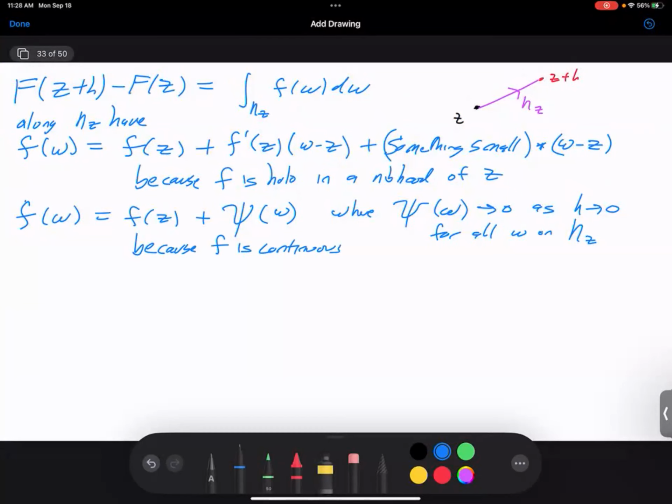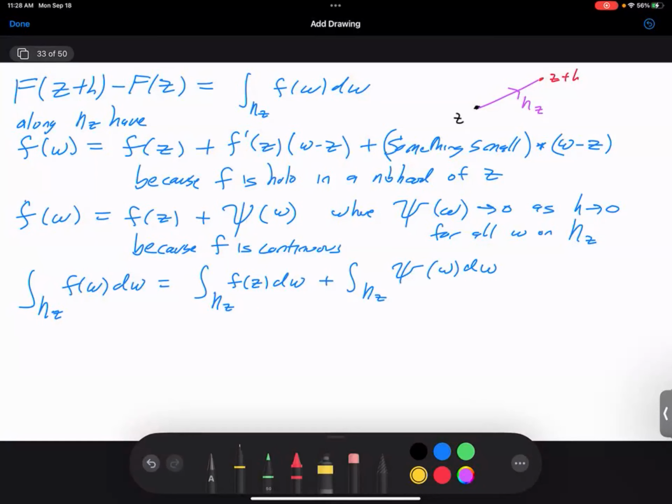So let's now integrate over eta of z. Let's see if we need more. f of w dw. That's going to be the integral over eta of z of f of z dw plus the integral over eta of z of c of w dw. So for the first one, we're integrating with respect to what variable? w.